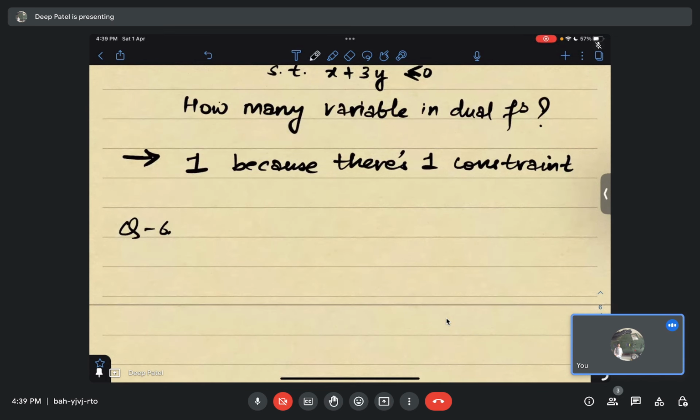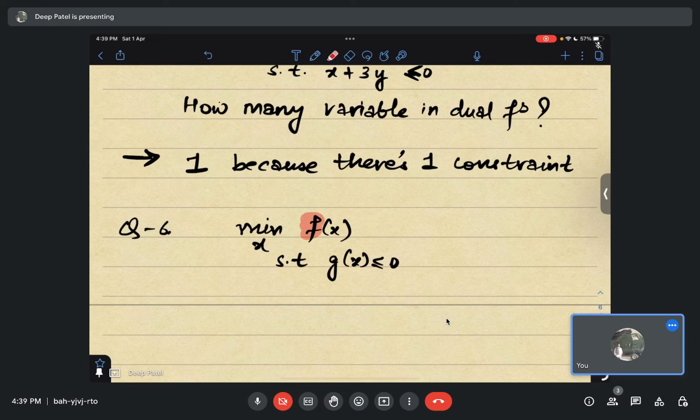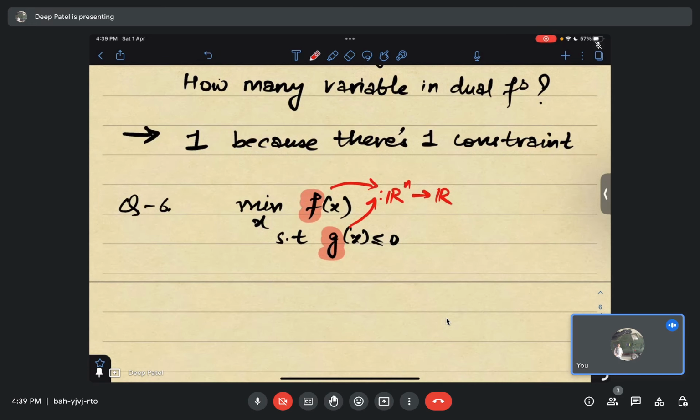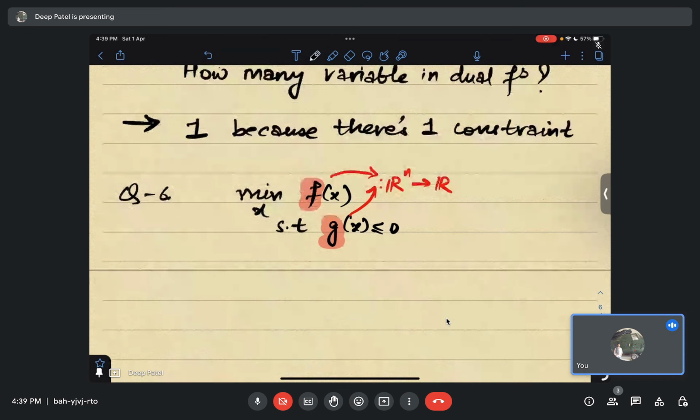Okay, in question 6, let's state the problem first. Minimize over x, f of x such that g of x is less than or equal to 0. Both f and g go from R^n to R, and it's a single inequality constraint. That means the dual function is d of lambda, with only one variable.